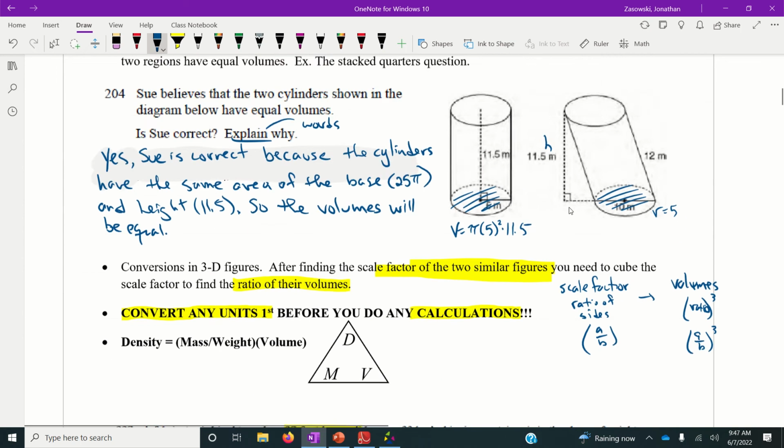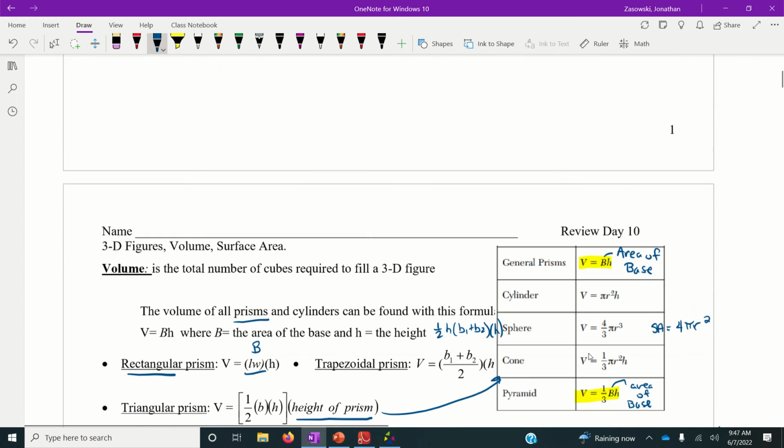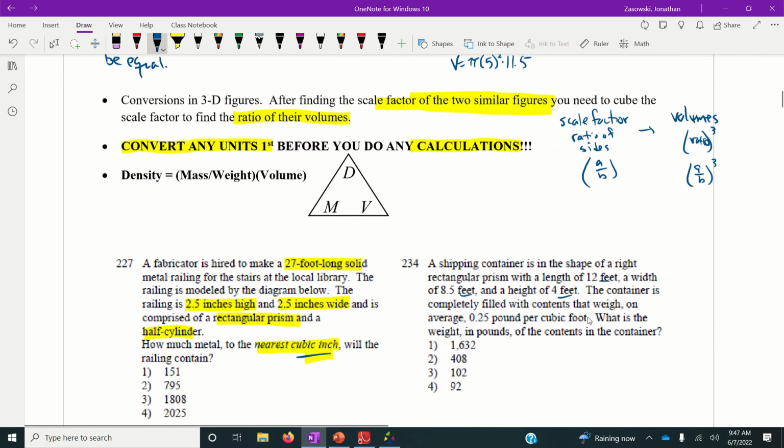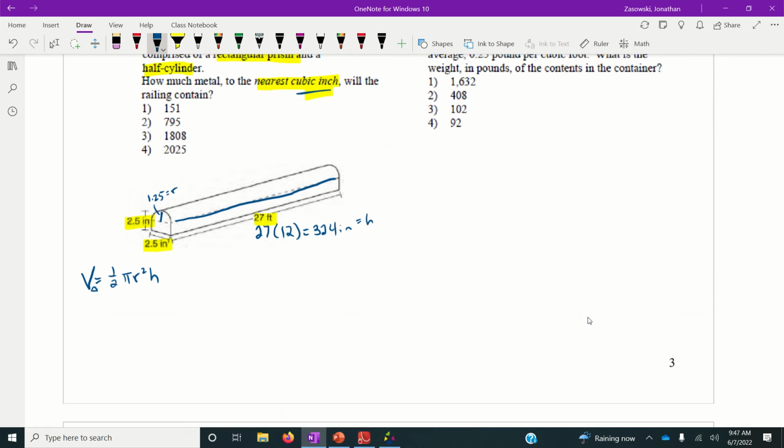And if you need the formula, remember on the exam, you'll have your formula sheet. You can just pick that out and make sure you do half of it. Okay, so this is equal to 1/2 pi times 1.25 squared times 324. All right, that's the first volume. Then the volume of the rectangular prism is length times width times height. Now be careful on this one because it only goes up this high.